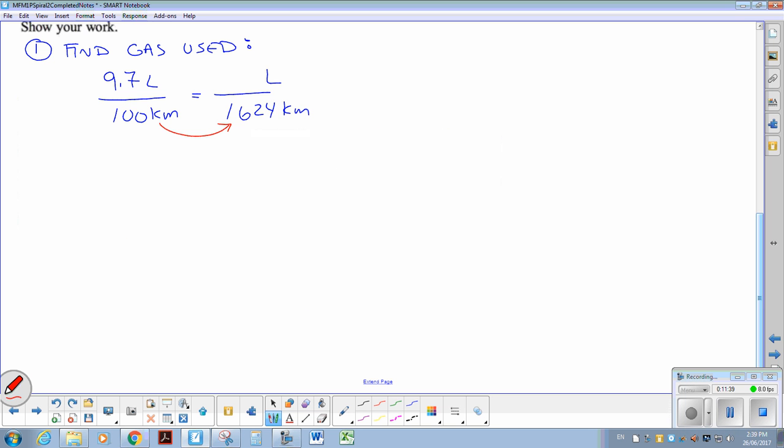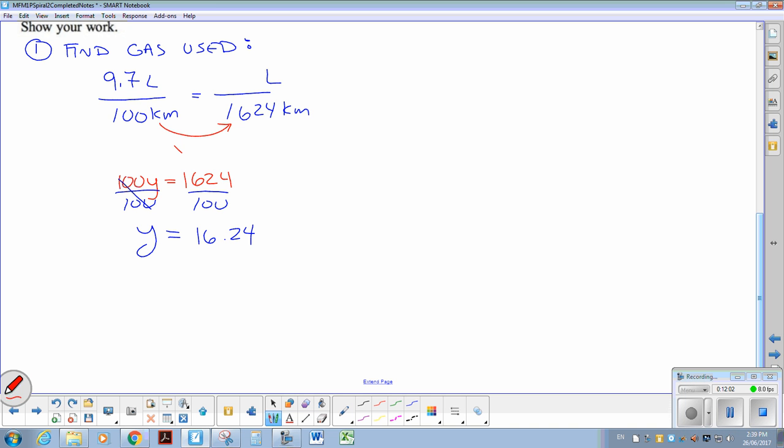So we've got to figure out what the multiplier is. We know that 100y equals 1,624. I'm going to divide both sides by 100, the inverse operation. So y equals 16.24 as your multiplier.